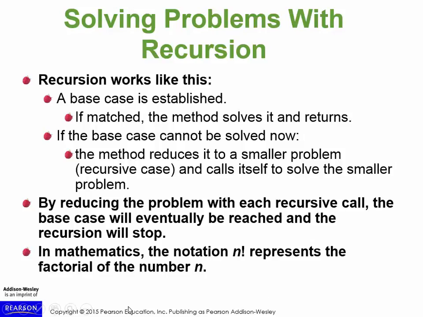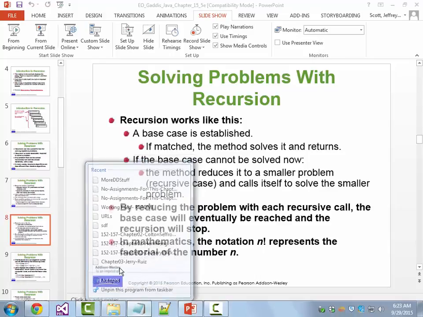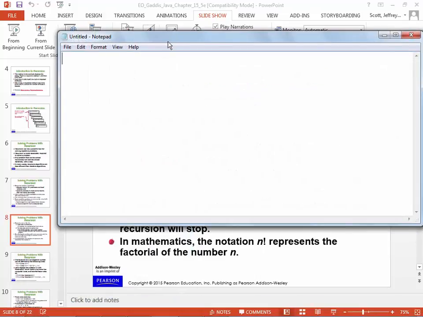So the example they give here is they start talking about factorial. And I may have even talked with you about this before, I don't know. But if I say 10 factorial, which is the way that is written, that's the same thing as 10 times 9 times 8 times 7 times 6 times 5 times 4 times 3 times 2 times 1. All right, that's what 10 factorial is equal to.